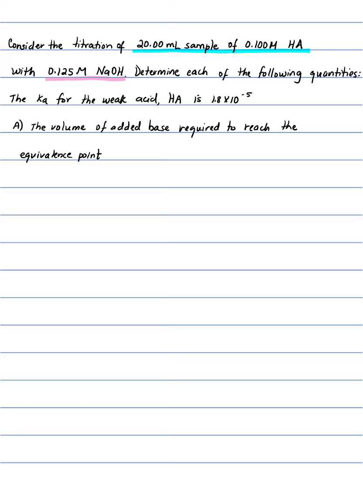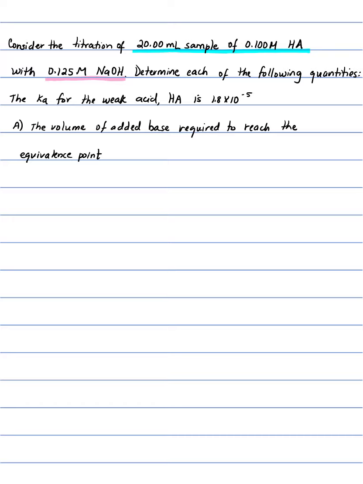We have here a problem where we have to solve different parts. So in your problem, you're given a volume and a concentration, 20 milliliters and 0.1 molar. That volume and that concentration correspond to your weak acid HA, a generic formula. We're also given a concentration of sodium hydroxide.